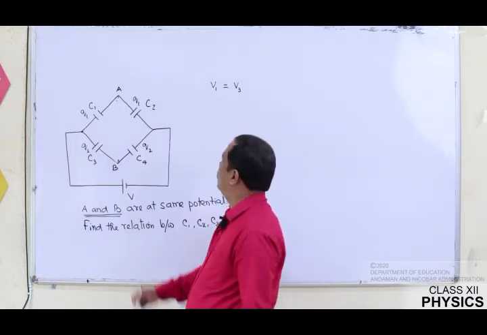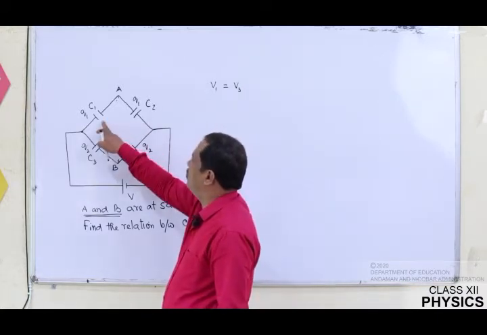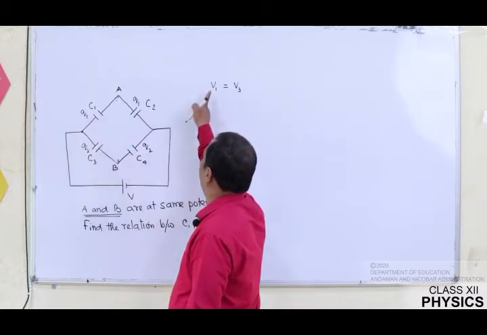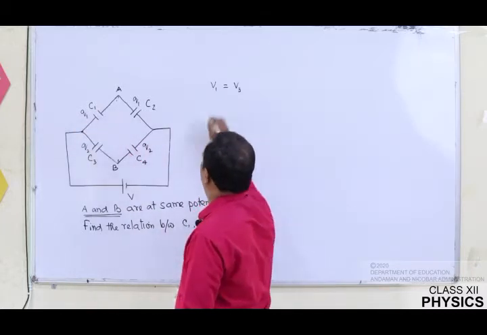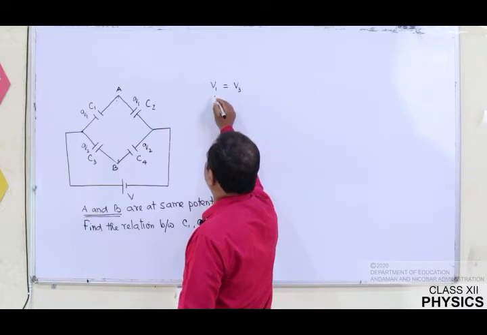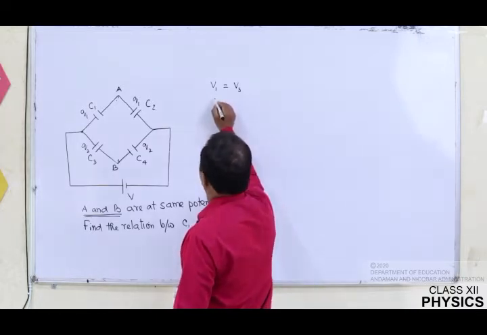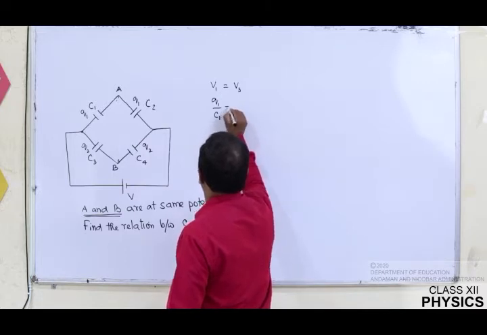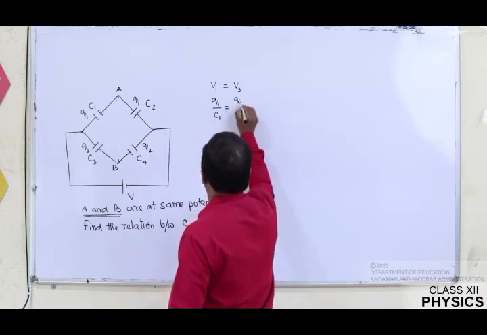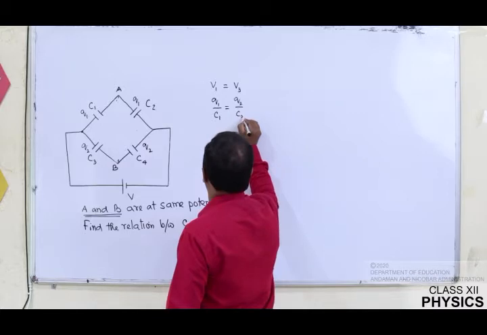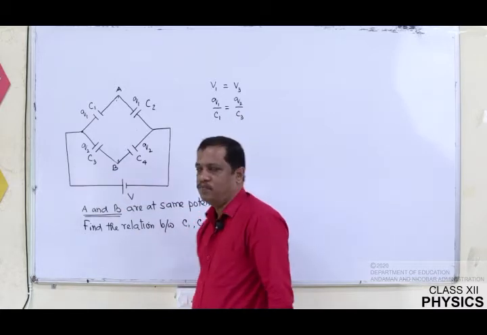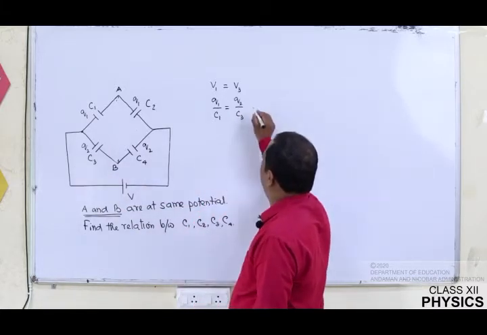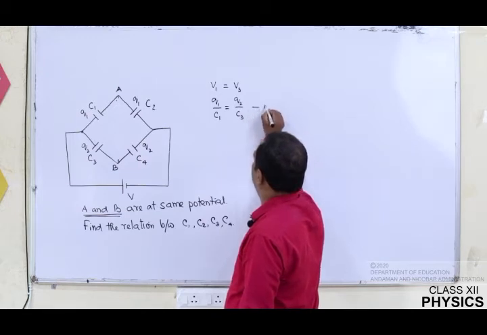If that is the case, I know that on C1 charge is Q1, so I know the relation between these three. So I will write V is equal to Q by C1. So therefore I write Q1 by C1 is equal to Q2 by C3, because on C3 charge is Q2. So let me say this is first expression for me.